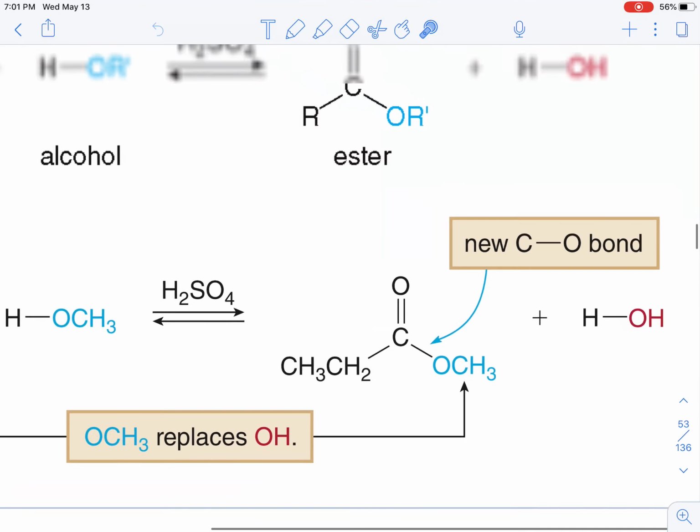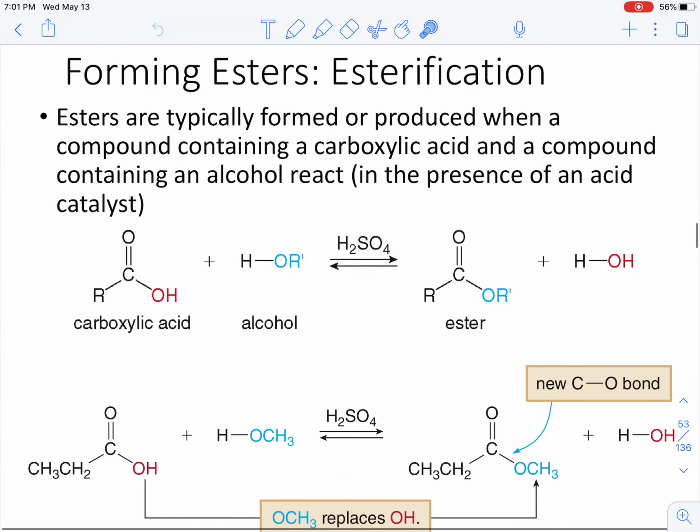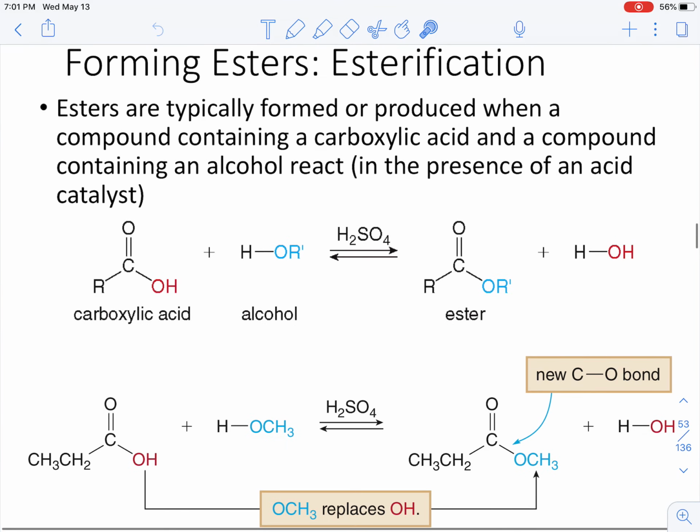And so now that we know the features of an ester, let's talk about how esters are formed or how esters are created. One way to produce an ester is to take an organic compound that contains a carboxylic acid and react it with another organic compound that contains an alcohol or a hydroxyl group.